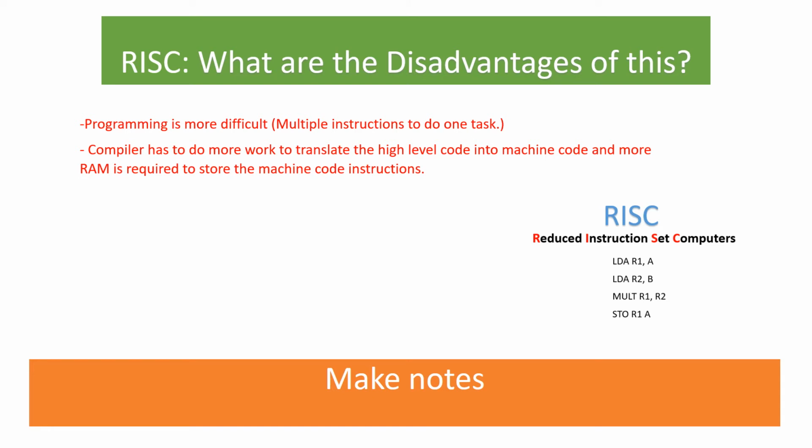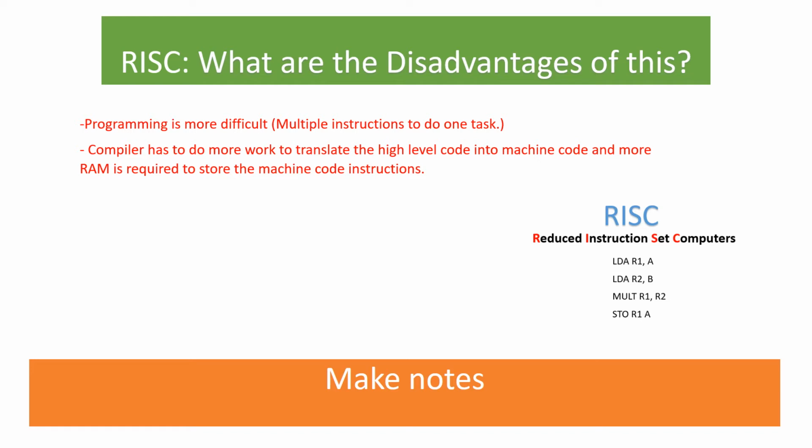However, there are disadvantages of RISC processors. It's more challenging to program because we've got to learn more instructions. So load, mult, store or STO, compared to, remember if we looked at the CISC on the first slide, it was just multiply. So we have to do all the loading and storing, whereas in CISC it does that within that one instruction.